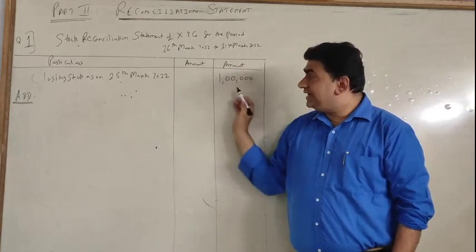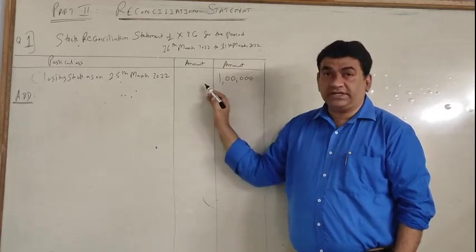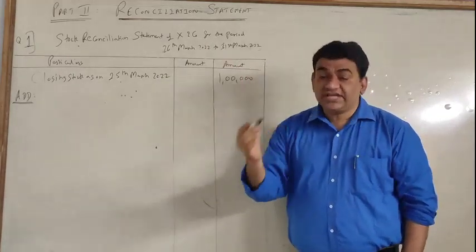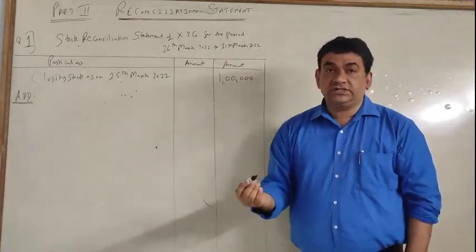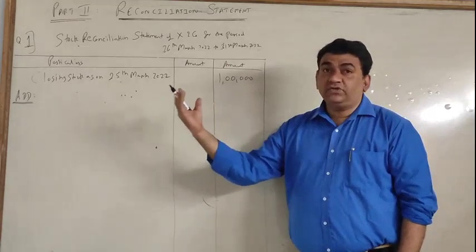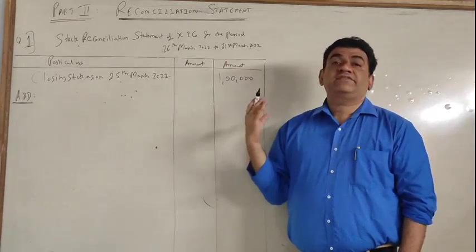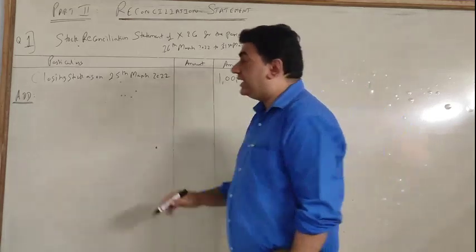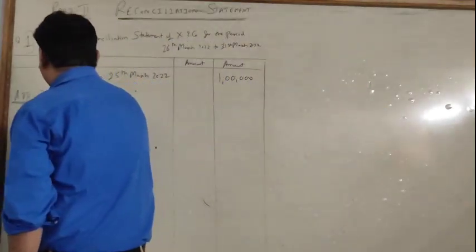Now, this 1 lakh is my stock on 25th March. Now, from 26th to 31st, you have purchased goods of 25,000. So, can I say during that period, goods have come in? So, goods have come in, so it will increase my closing stock. So, what you do? Write it. Add first, because there will be more than that.